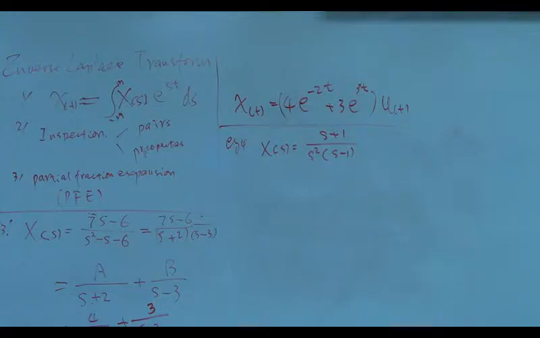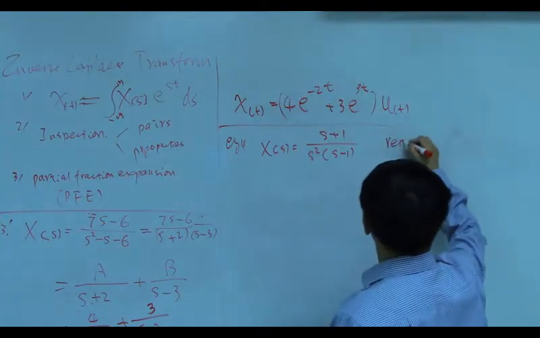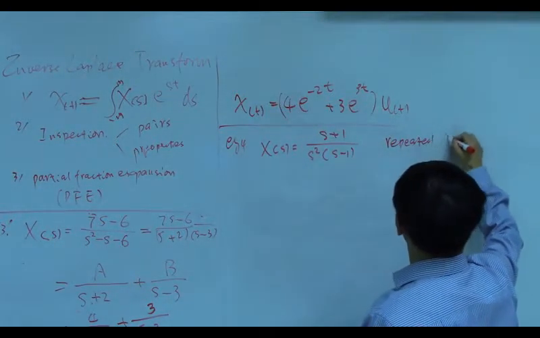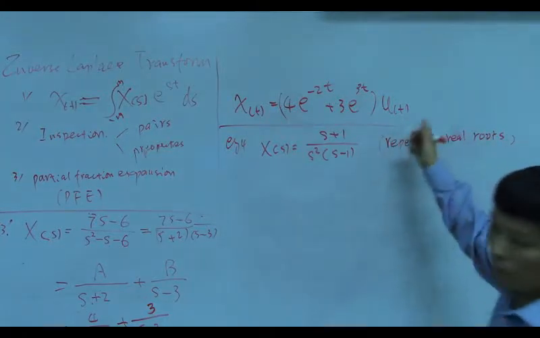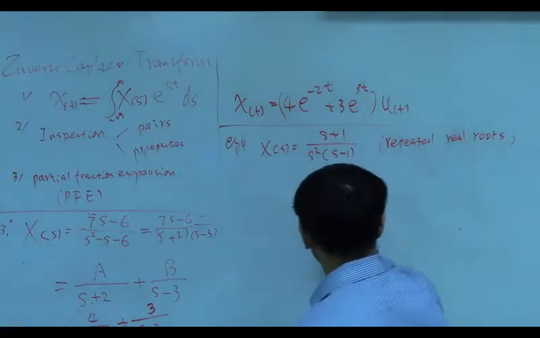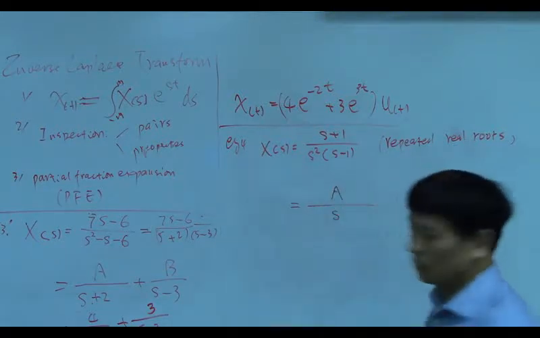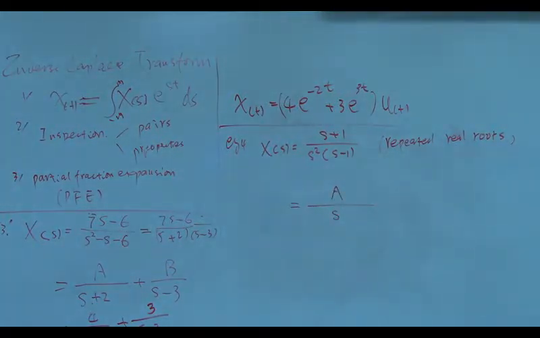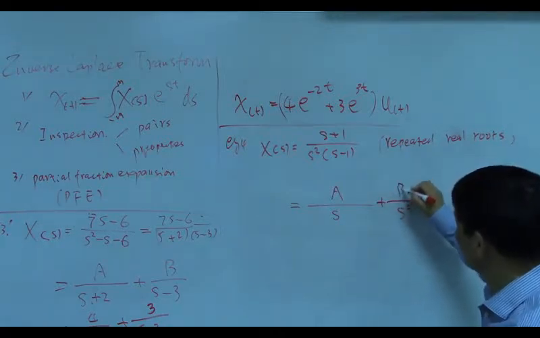So this is called a repeated real root. For this one, we cannot do that. Instead, we are going to use a different form. That looks familiar, right? Now this part is s squared with B here.